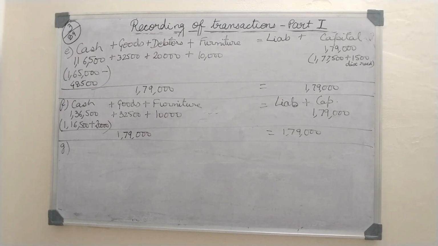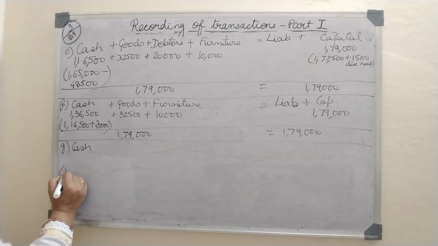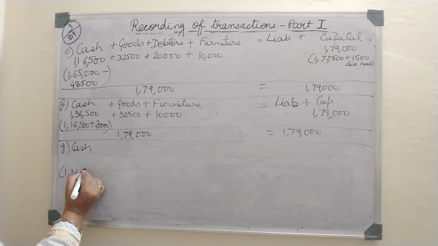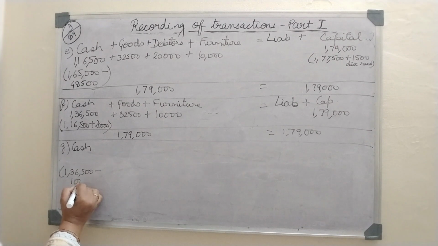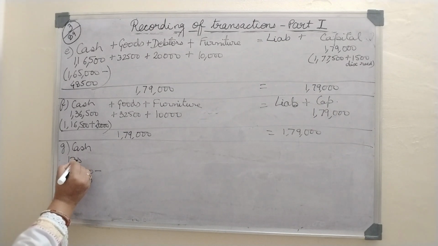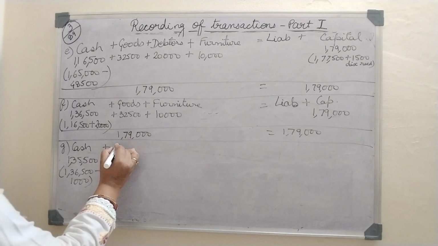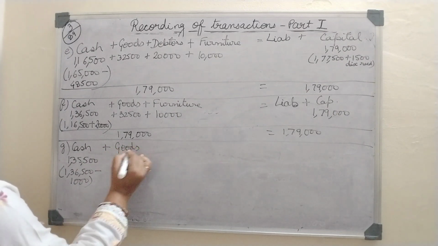So rent paid, cash 136,500 minus 1,000. So when 1,000 is subtracted from it, it comes to 135,500, plus goods remain the same.